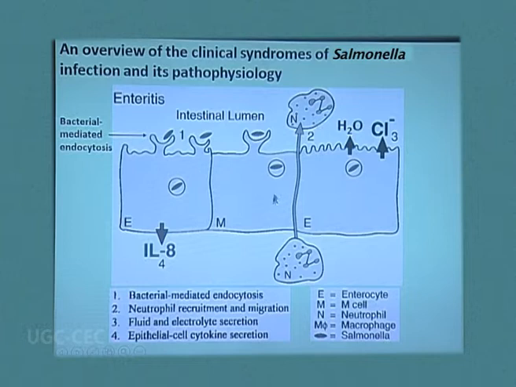This results in the intestinal inflammatory response that is observed during non-typhoidal infection. This also causes rapid release of fluid such as water and a lot of electrolytes, shown here like chloride, to the intestinal lumen side, resulting in the flush diarrhea.